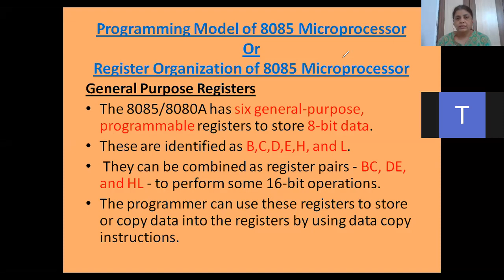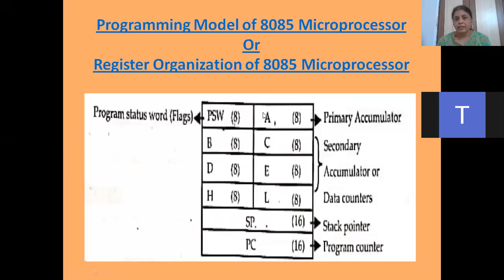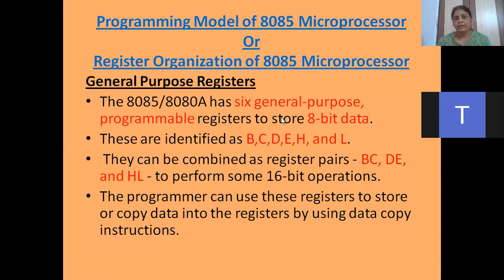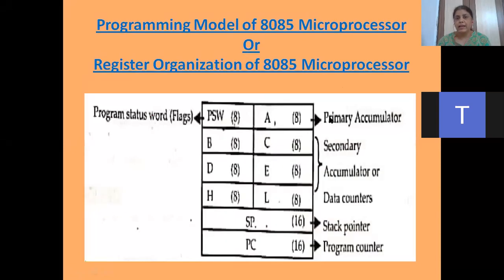Understood these 6 registers. Now next, we will study the accumulator register. A stands for accumulator. See, this is a very important register. This is the same as your other 8-bit registers, but along with that function, it has some special functions also.